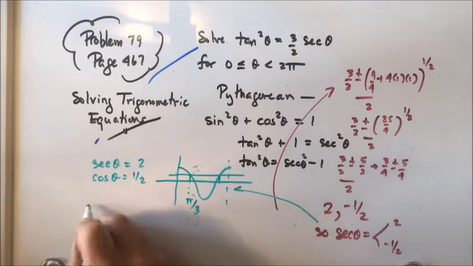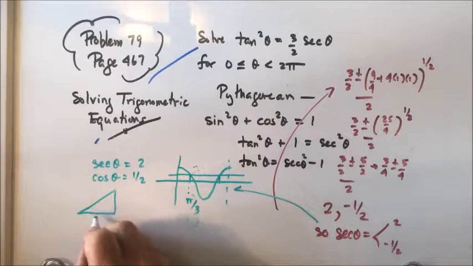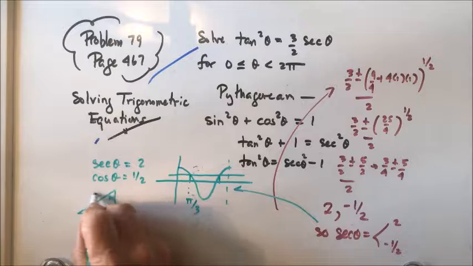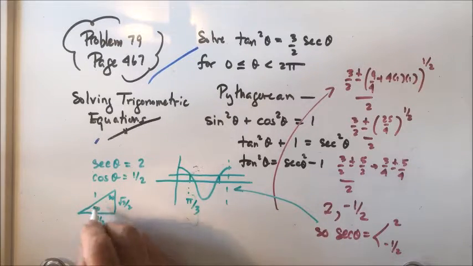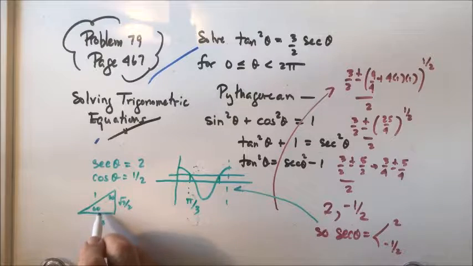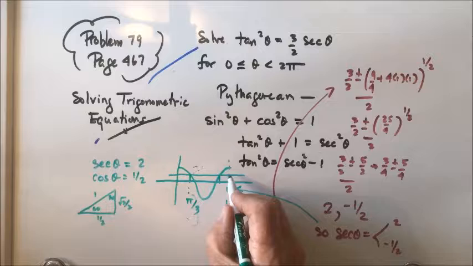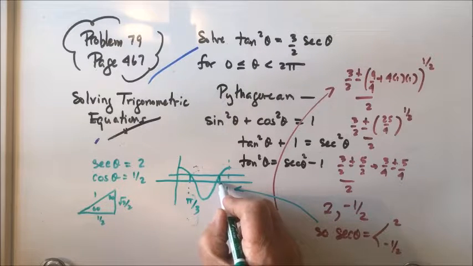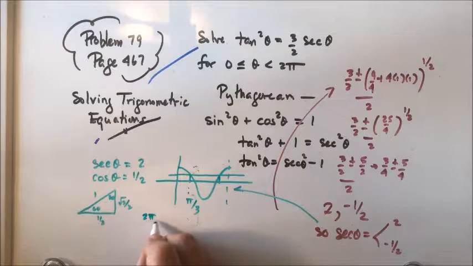If you want to verify that, we'll draw a quick little triangle here. Theta equals 60 degrees, this is 30 degrees, this is 1, this is 1/2, this is root 3 over 2, and sure enough, the cosine of 60 degrees is 1/2, that's what we're looking for. And then this one is 60 degrees shy of 2 pi. 2 pi minus pi over 3.